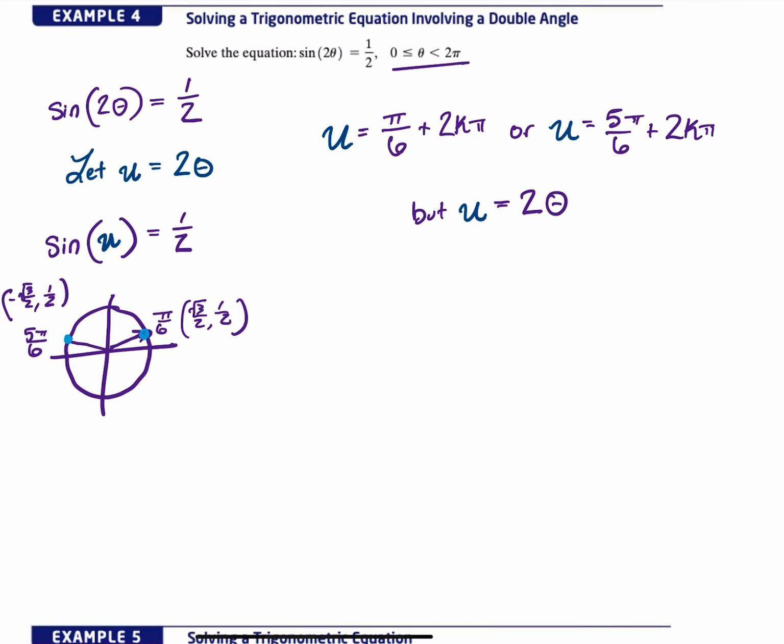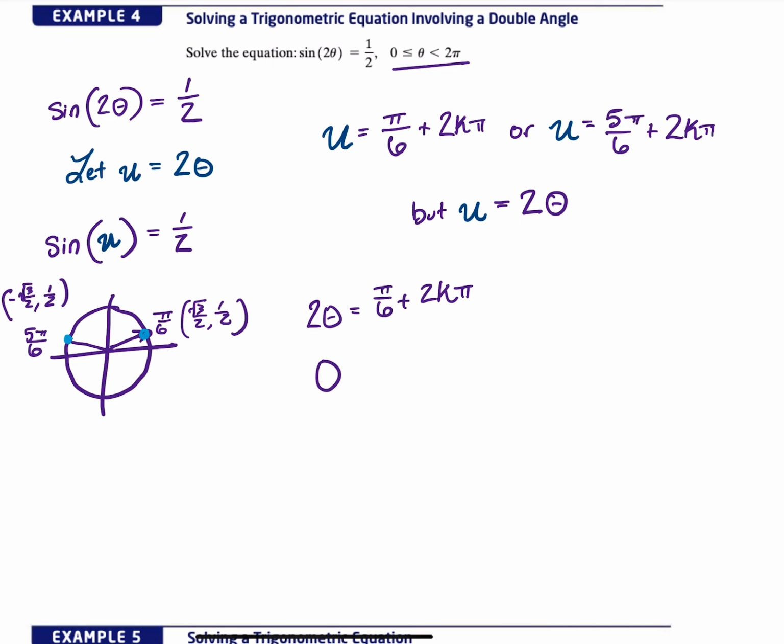So let's undo this substitution. I'm going to look at this first statement. So instead of u, I will say 2 theta equals pi over 6 plus 2k pi, where k is any integer. And we're trying to ultimately solve for theta and not 2 theta. So let's divide everything by 2.